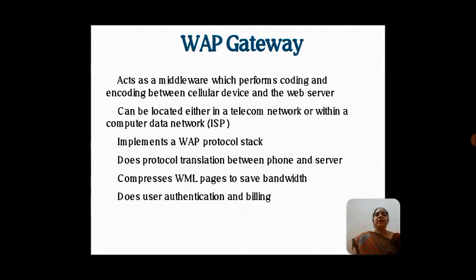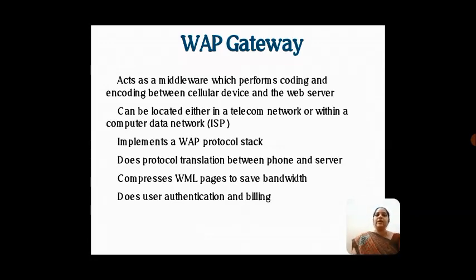Next, what is a gateway? The WAP gateway acts as middleware which performs the encoding and decoding between the cellular device and the web server. It can be located either in the telecom network or within computer data networks, called ISPs. It implements the WAP protocol stack and performs protocol translation between the phone and the server.